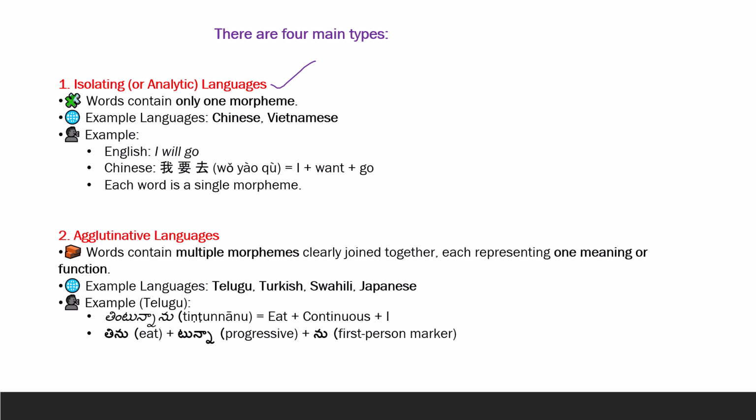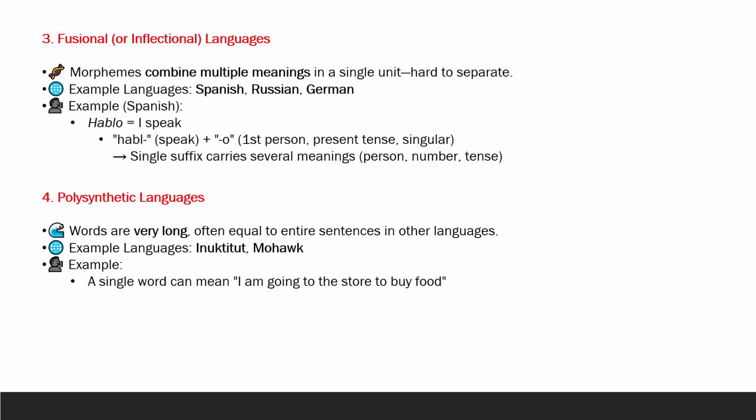Now coming to the next one, agglutinative languages. In agglutinative languages like Telugu, Turkish and Japanese, words are formed by stringing together clear, separate morphemes. For example, "tintunanu" means I am eating. It breaks down into eat and progressive tense. Next one is fusional or inflectional languages.